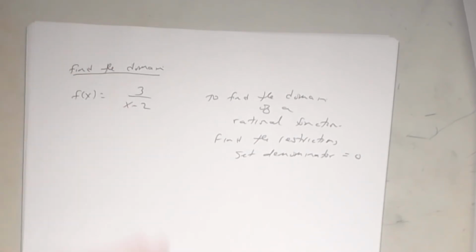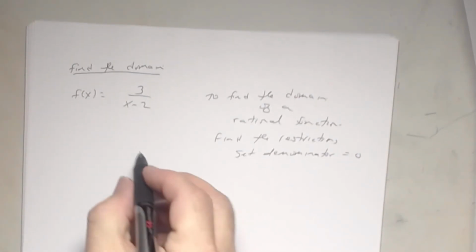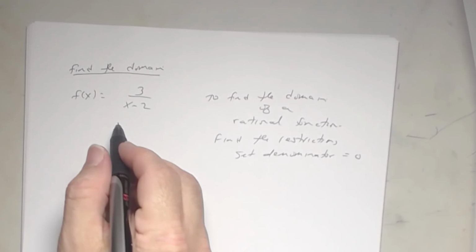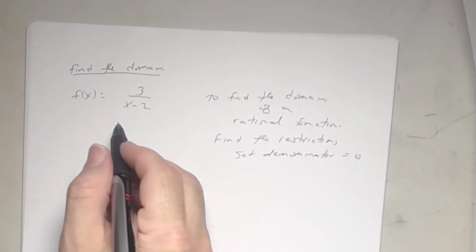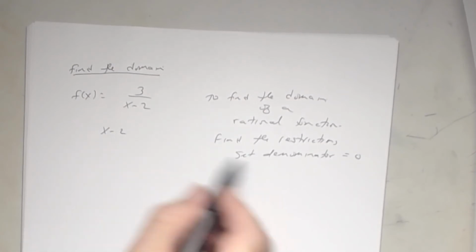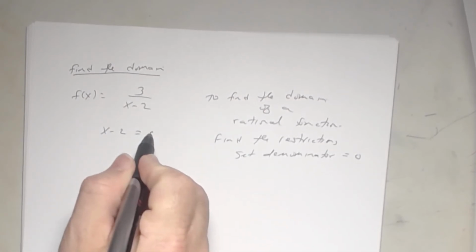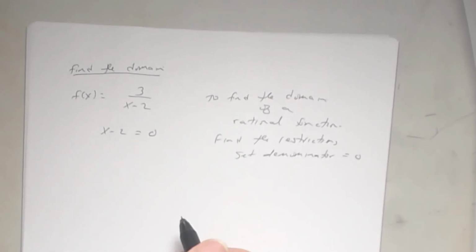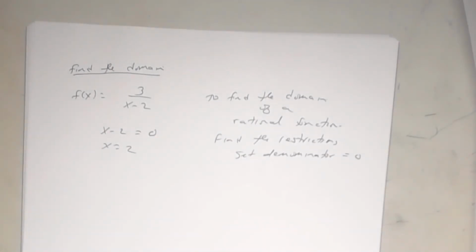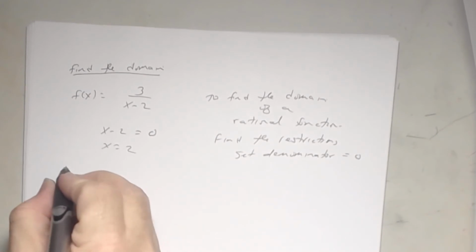What's my denominator here? x minus 2. I set it equal to 0 and solve this equation. So x equals 2. So I can use any number for x except 2.